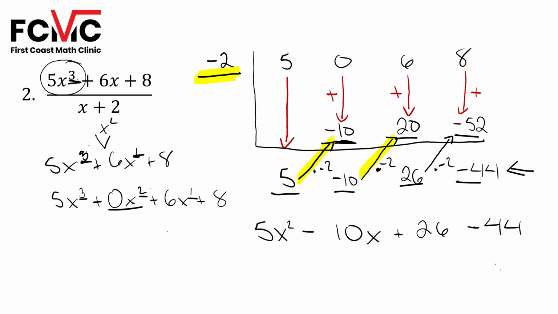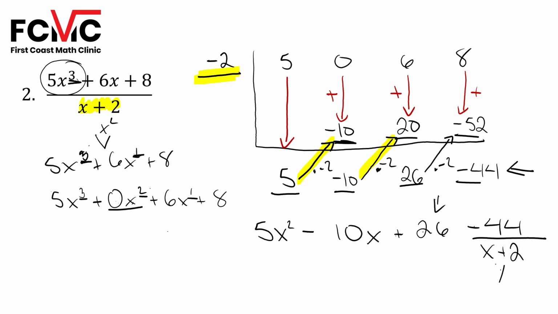To write our remainder, we're going to divide this last term. This 26, that's our constant, just our number by itself. Then we're going to have minus 44 divided by what we're dividing, our divisor here, the x plus 2. So I'm going to put this over x plus 2.